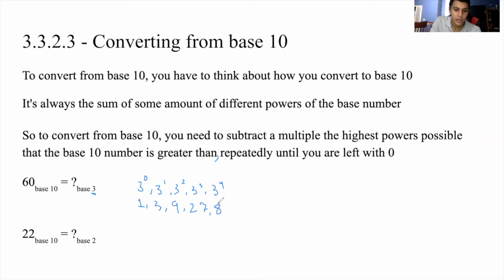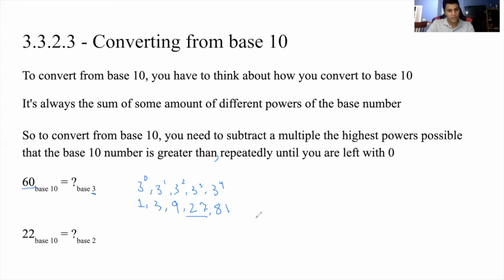So these are different powers of our base number that we're converting to, 3, right? So we need to find the highest power possible of 3 that the base 10 number is greater than. Okay, well, our base 10 number is 60. So the highest power here that 60 is greater than is 27. Okay, and you need to subtract a multiple of that highest power until you're left with 0.